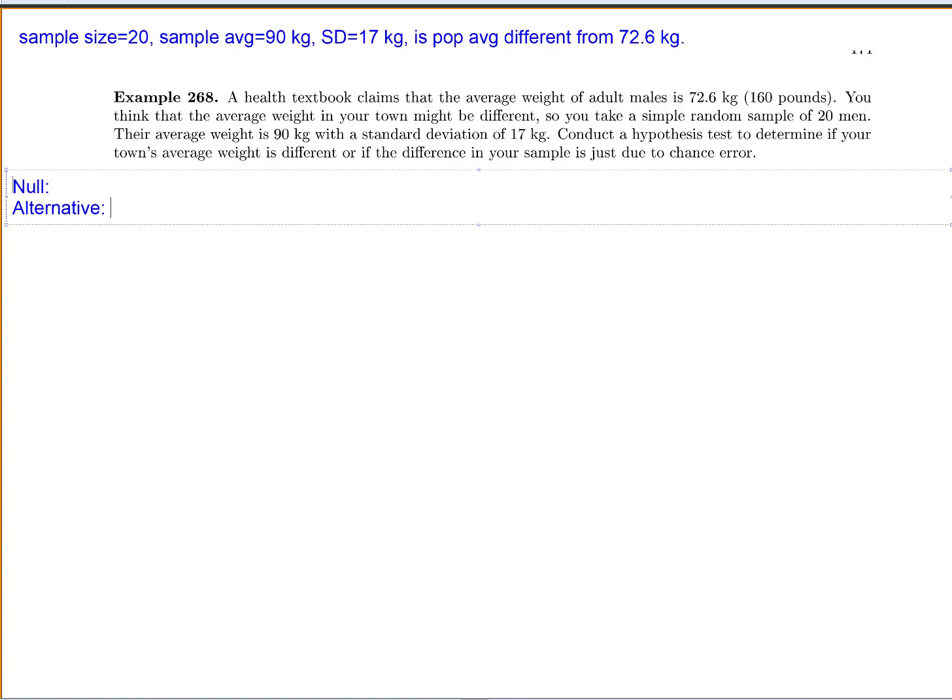Let's do the alternative first for this problem. So we want to show that the population average is different from 72.6. So I would say that the population average is different from 72.6 kilograms. Whereas the null will always be the boring one: the population average is 72.6 kilograms.